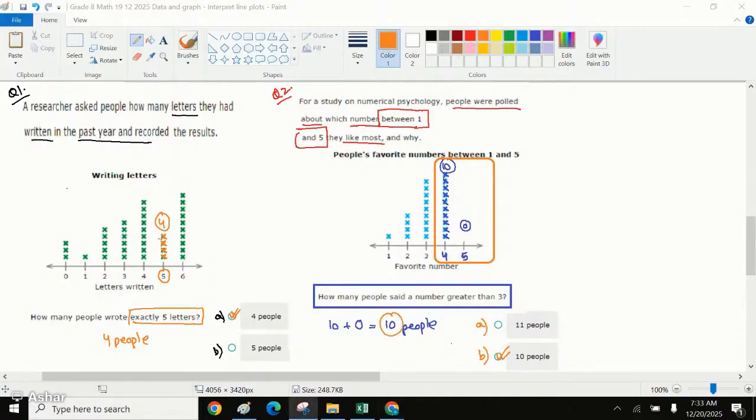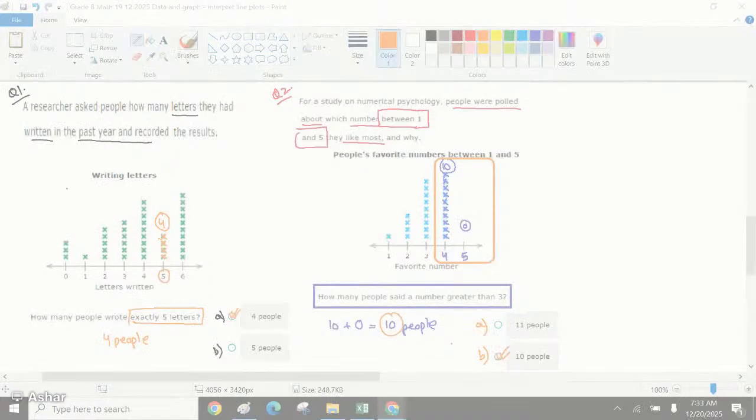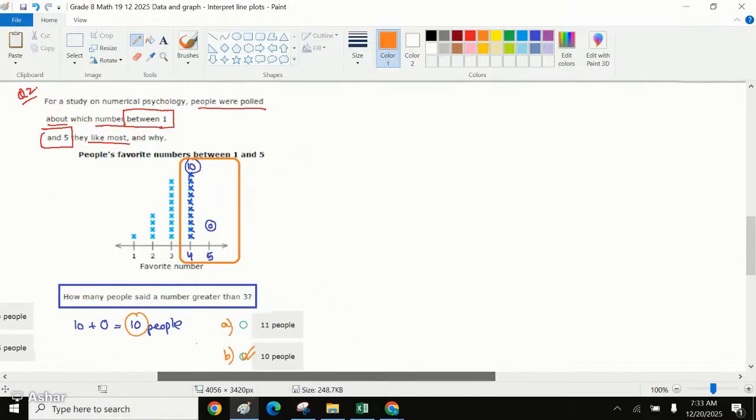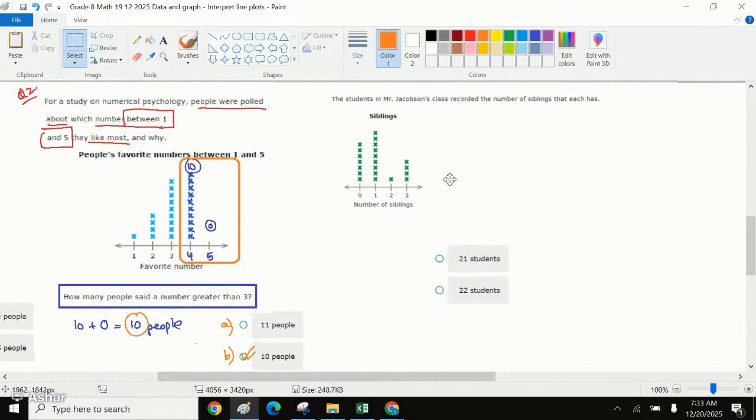Moving on further, we have the new question, question number 3. The question number 3 states that, just a minute, I'll just get it on the screen so that you can see it clearly. Okay. This is question number 3 from the test.